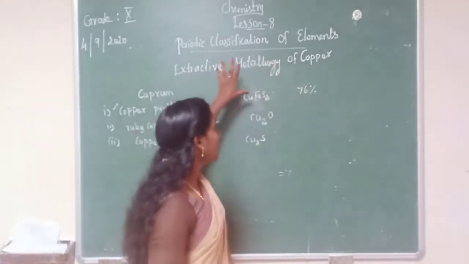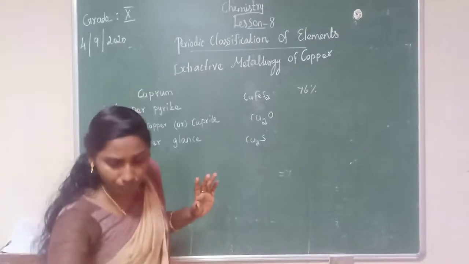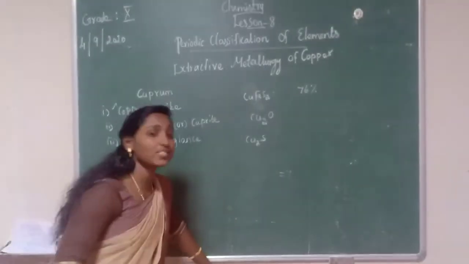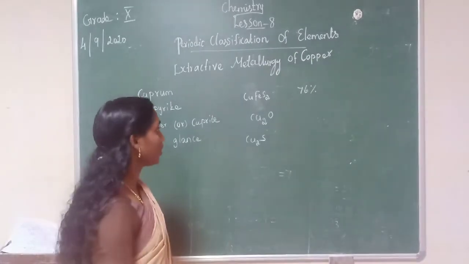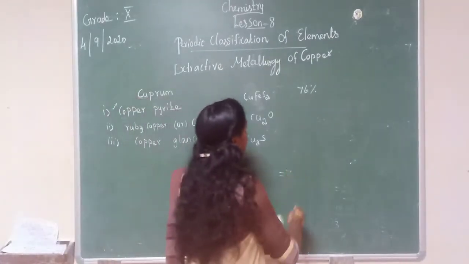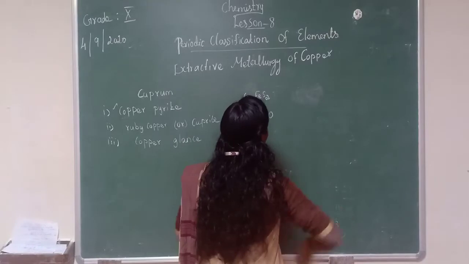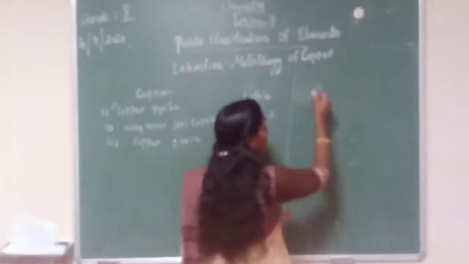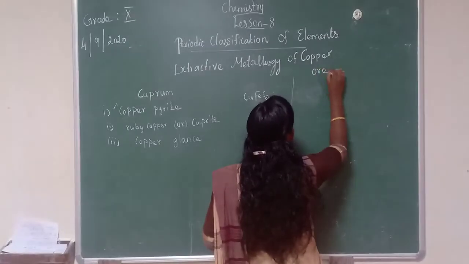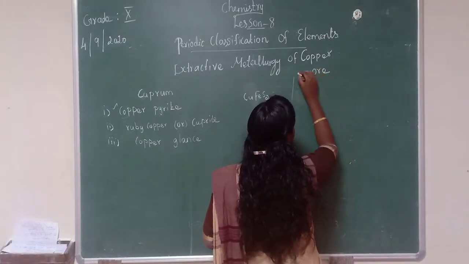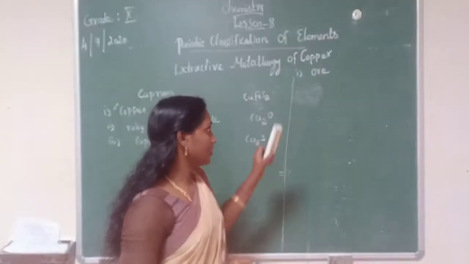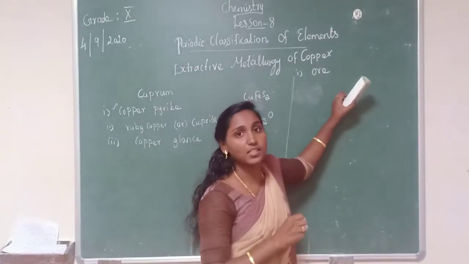Have you understood? Then next we are going to study extractive metallurgy of copper. That means extraction methods we are going to learn. So the first extraction step is concentration of ore. First we got the ore, right? From the ore only we are going to extract the metals. In this step we are going to crush the ore.